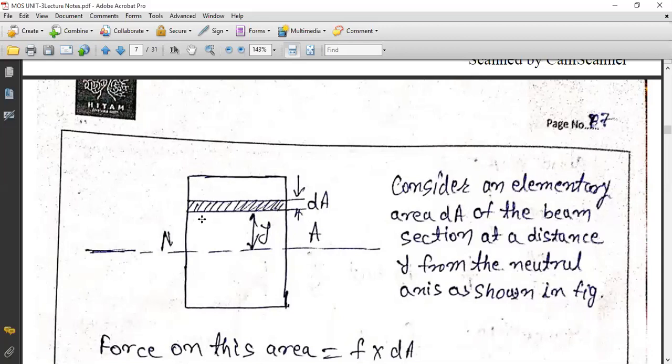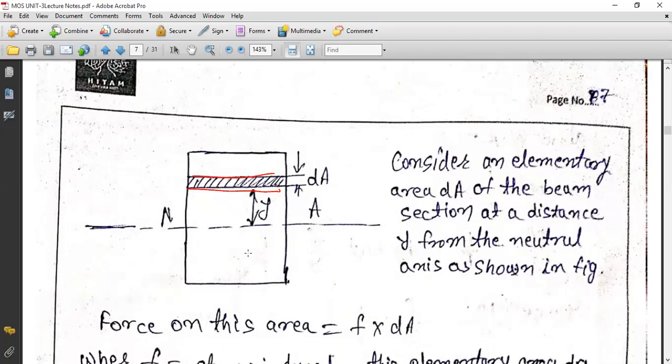This is a beam portion. In the beam portion, we have considered one elementary area. We have to take axis as shown in figure.